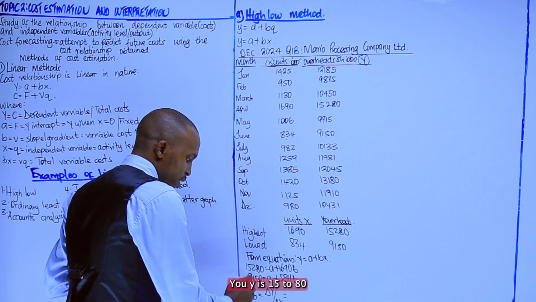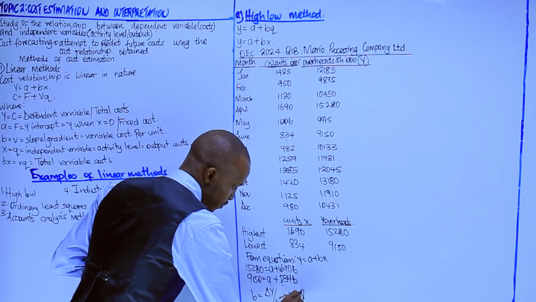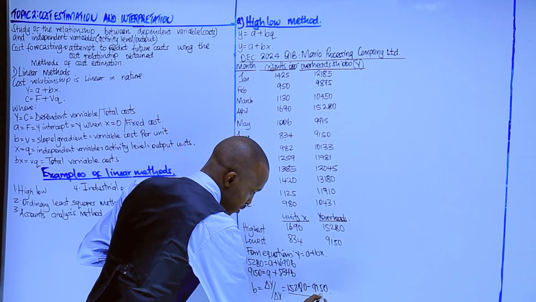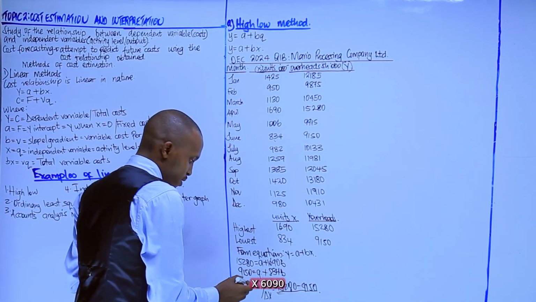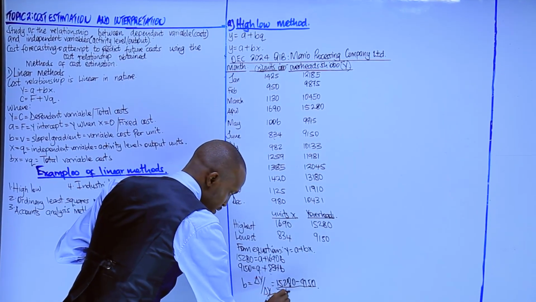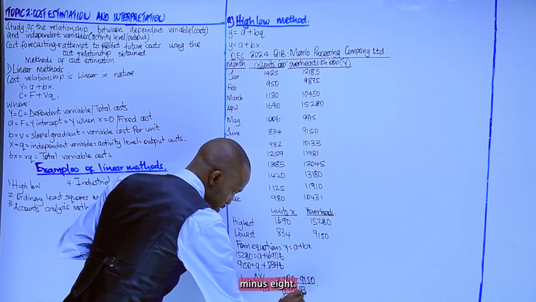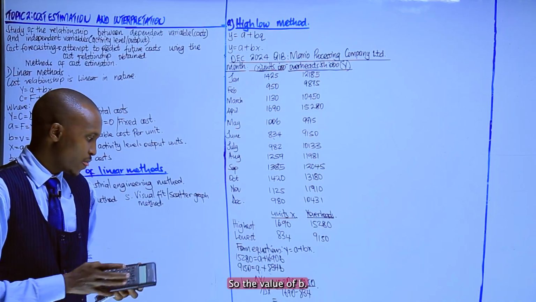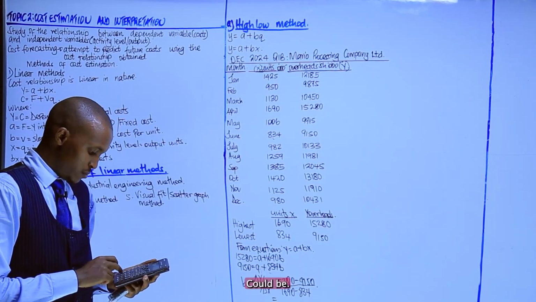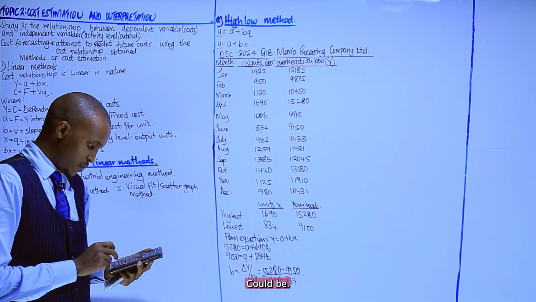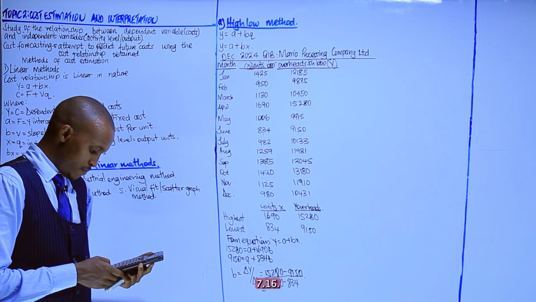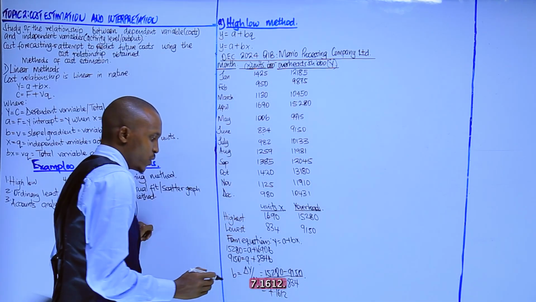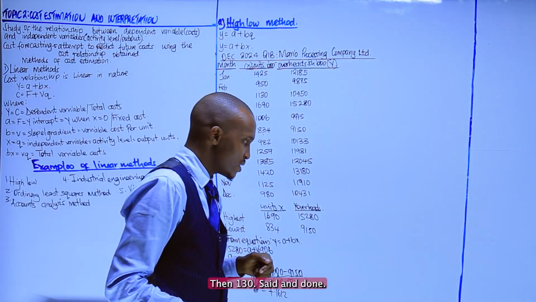Your y is 15,280 minus 91.50 divided by x, 1690 minus 834. So the value of B will be 7.1612.